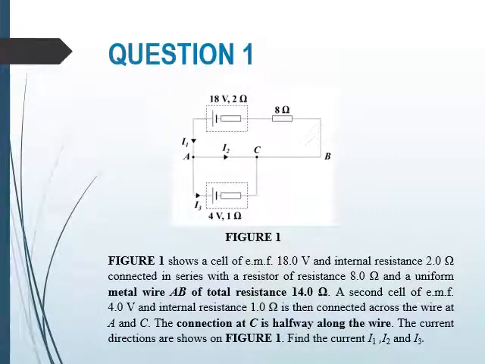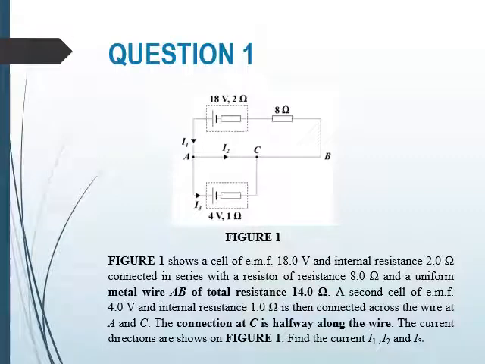A second cell of EMF 4 volt and internal resistance 1 ohm is then connected across the wire at points A and C. The connection at C is halfway along the wire. The current directions are shown in figure 1. Find the currents I1, I2, and I3.